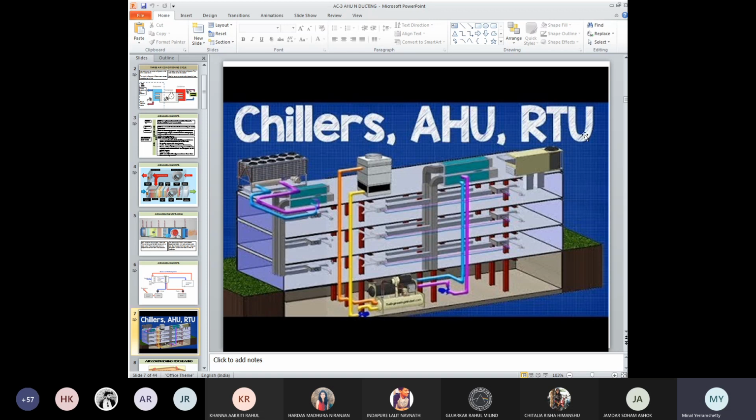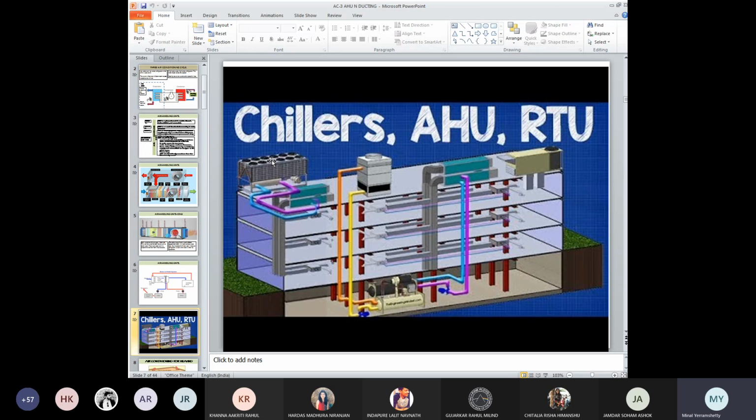Return unit is nothing but your cooling towers from where the things will come down. They are showing that the cooling tower is connected to the basement, and AHU is connected to the basement. But AHU is not connected to the cooling tower. The moment you show me that, you get a big zero. So this is how my entire system is planned.